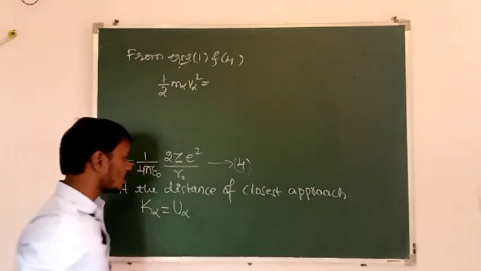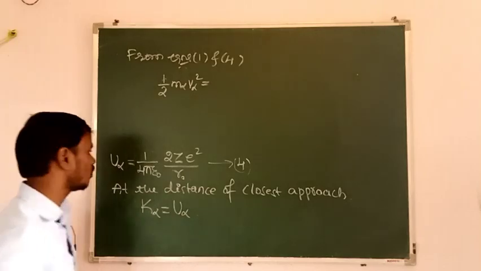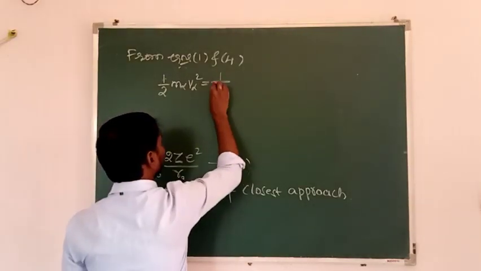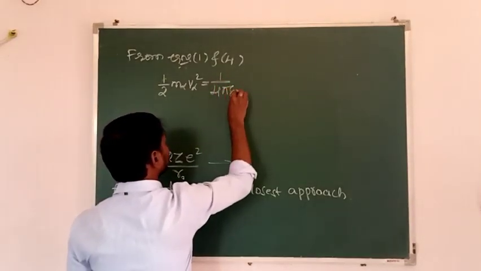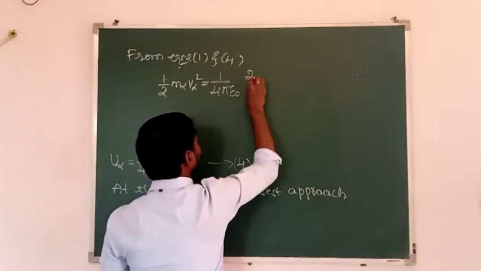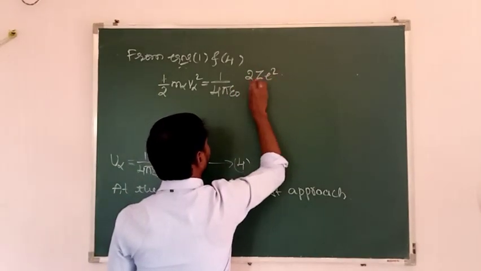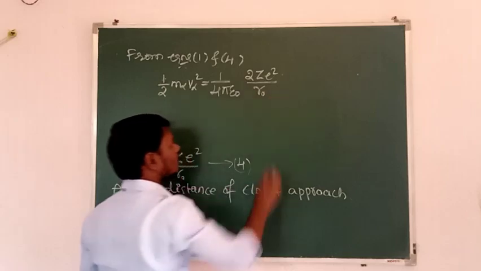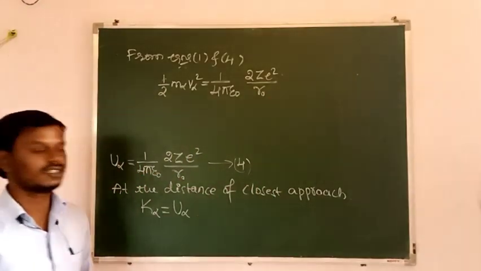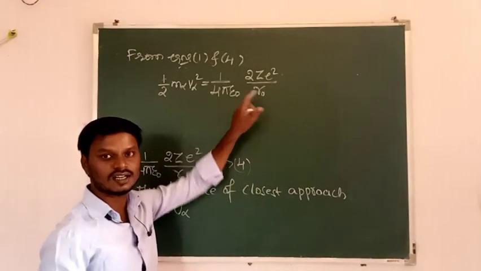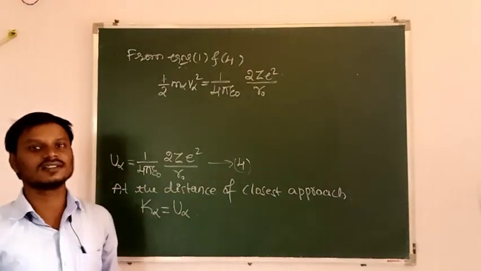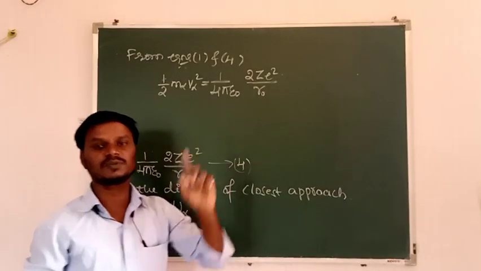Then the potential energy of the alpha particle from equation 4 is 1 by 4 pi epsilon naught 2 Z e square divided by r naught. But we require the expression for the distance of closest approach, that is r naught.